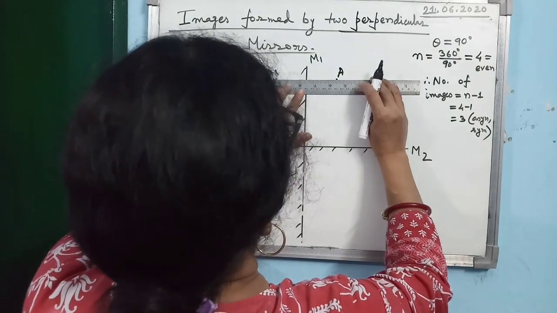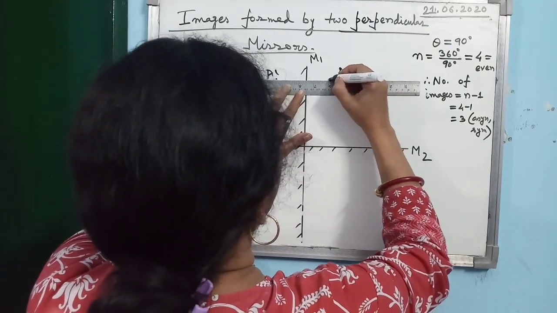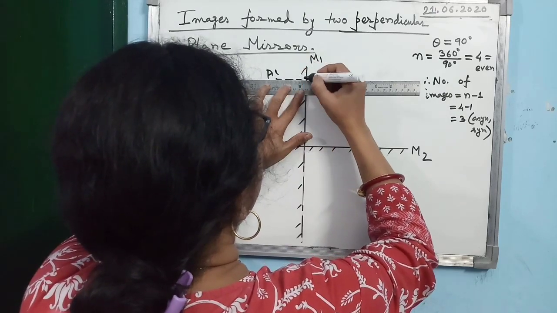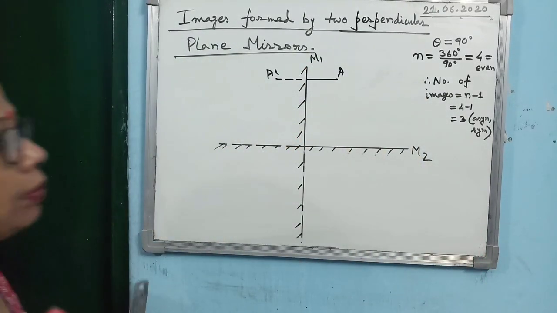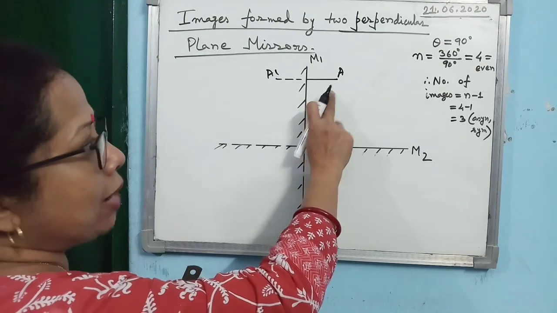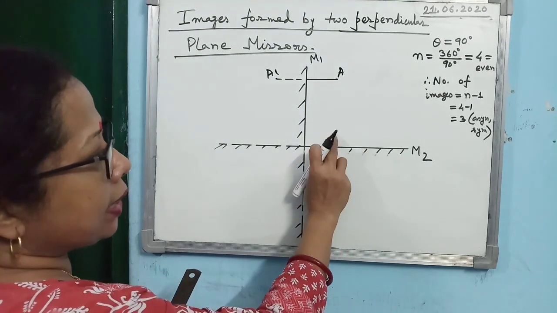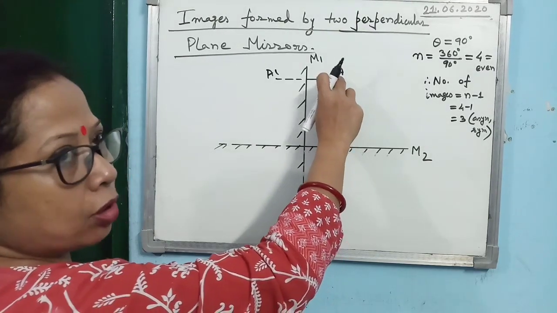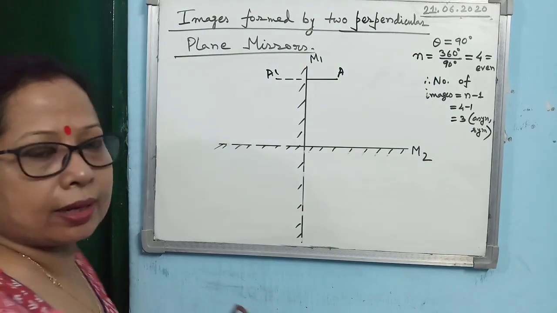You join it by a line, and as you know, behind the mirror it should be dotted, and in front of the mirror solid. This is the first step. Where you have taken A, as I said, you count the lines 1, 2, 3, fourth line from the mirror.